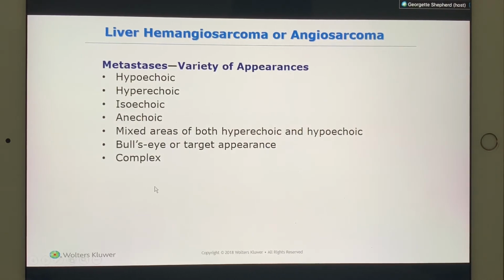It can look like several different things. Our main thing that we look for is a bullseye appearance. Because it can be hypo, hyper, iso, or anechoic, but our definitive sonographic sign is a bullseye or target appearance.